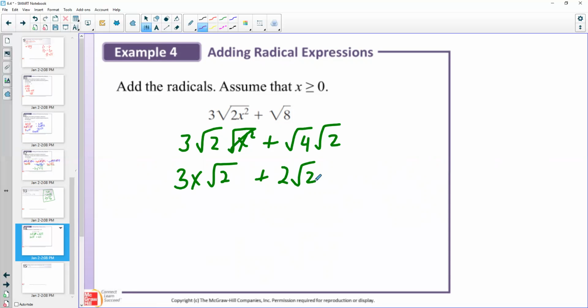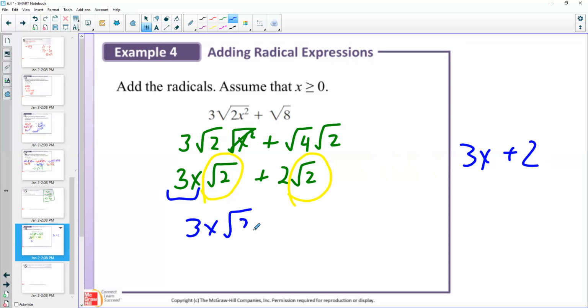Now here's the issue. The radicands and the indexes are the same, right? But the variable isn't, because normally if I had 3x plus 2, I can't add those. That's fine. So what you get is 3x radical 2 plus 2 radical 2, same thing.